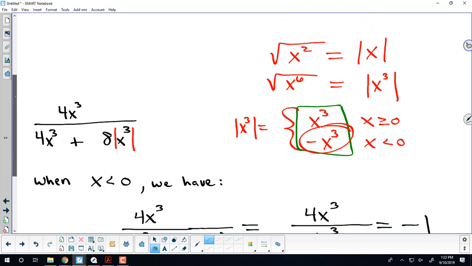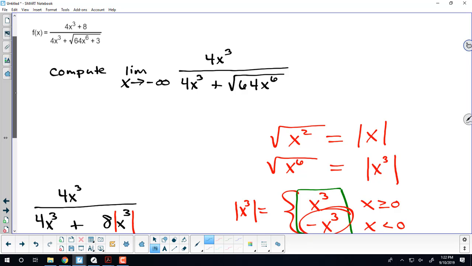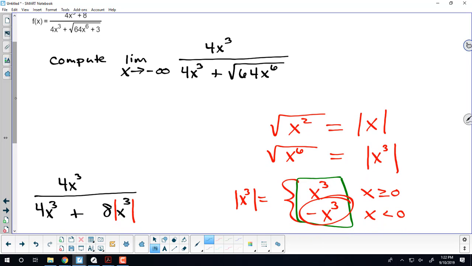Meaning that we could have put all of this work in front of the limit, but we just chose to work with it separately and simplify it. So what we've simplified that to, that limit, is, of course, always negative 1.